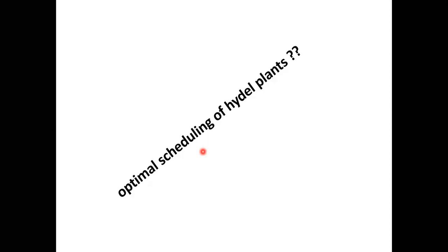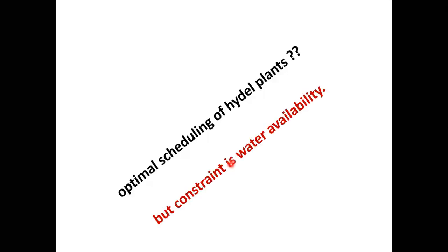But here, we need to respect one more thing, that is the constraint. What is the constraint here? Water availability. When the water is there in the reservoir, then only you can go for hydro generation. When there is no water availability, we can't go for hydro generation. So when you are considering water availability, some more parameters come into the picture. Those are nothing but constraints present in our hydro power plants.